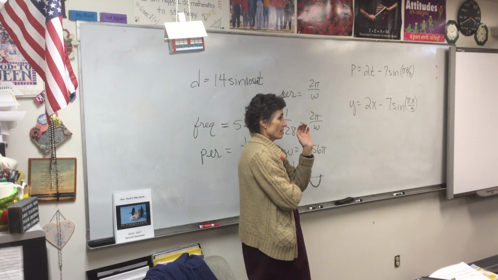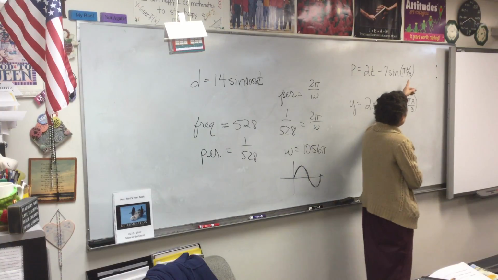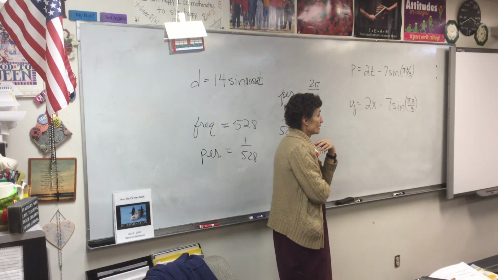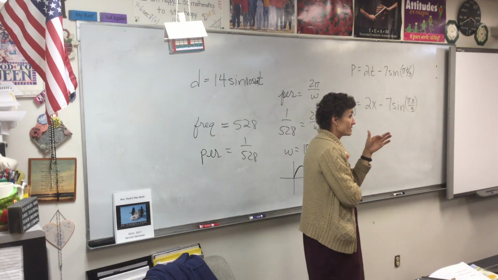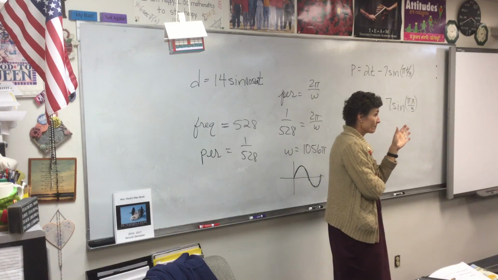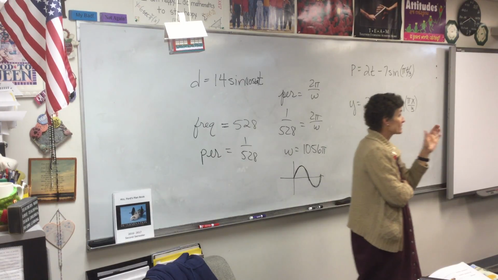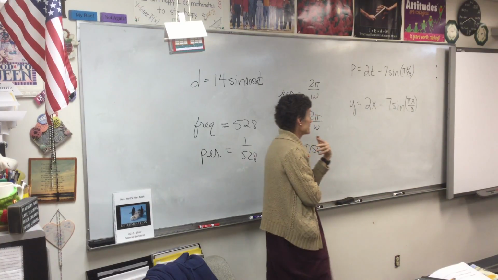What do we know about T? What did they tell me about T? It's the time in months after January 1st. So let's start going from 0 to 12. That would be a year. Let's see what happens in a year.